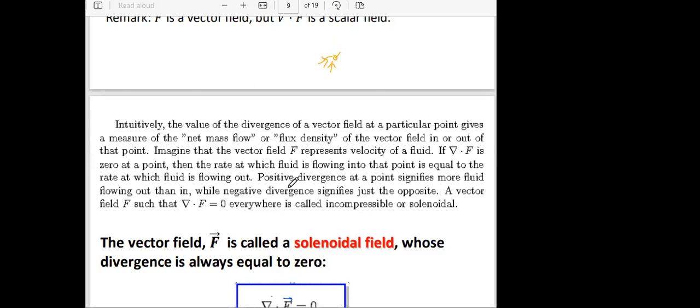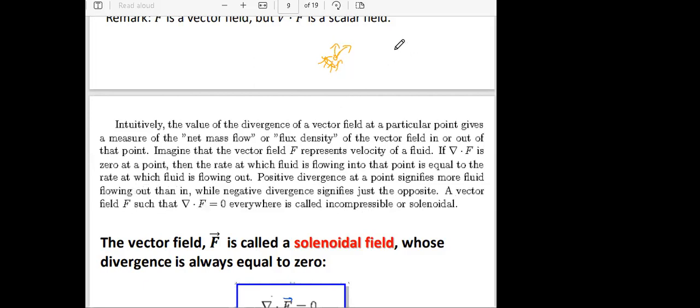Did you understand? So positive divergence, specific point, more fluid flowing out, not flowing in. Flowing out more than in.